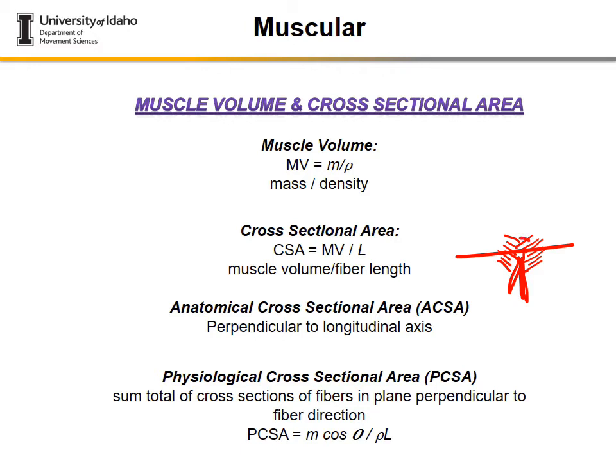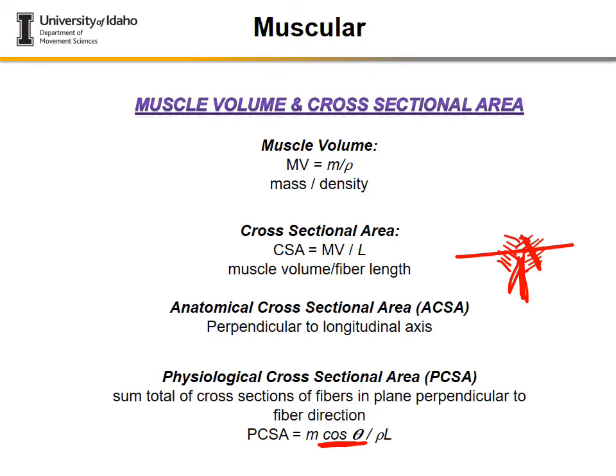But the physiological one is going to come this way, perpendicular to the fibers, in the plane perpendicular to their direction. So you're going to get more fibers in that cross-sectional area, summating the force. And again, because we're going perpendicular to the fiber plane, we have to go back to the geometry and calculate the angle at which we're talking about.